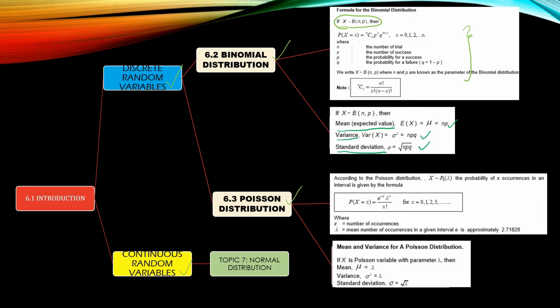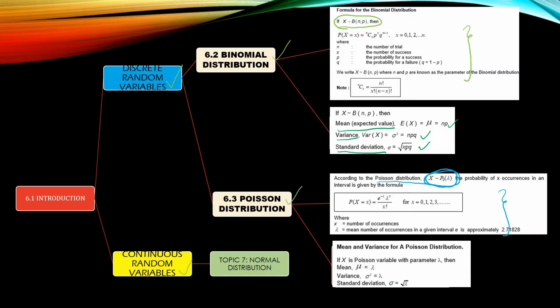Whereas for Poisson distribution, you also need to know the definition of the Poisson distribution. So here you can see the information that you need to know in order to define the Poisson distribution.